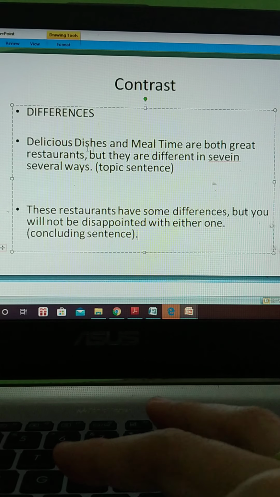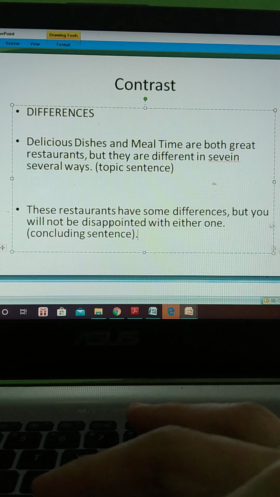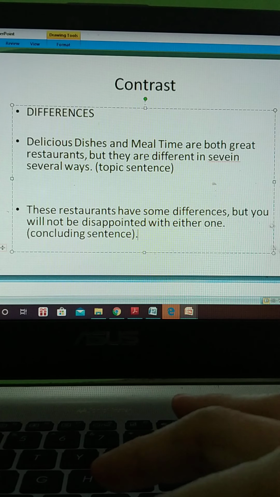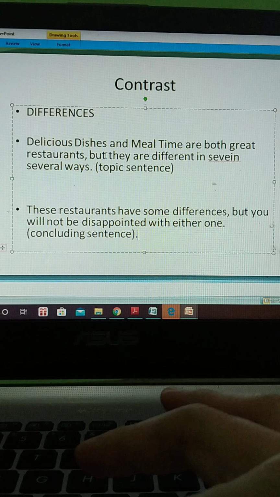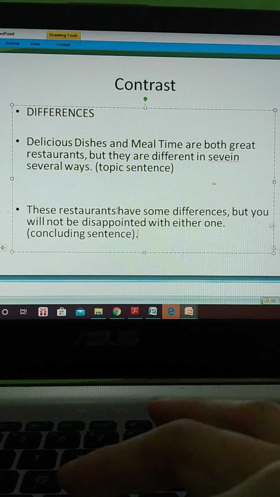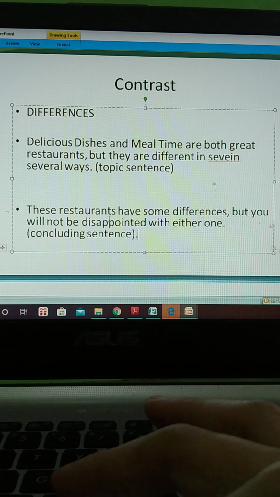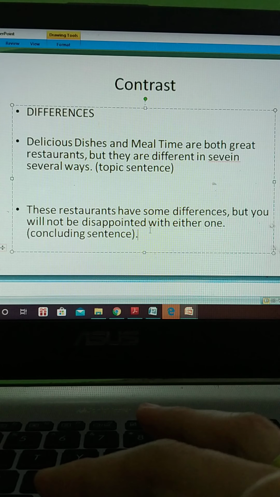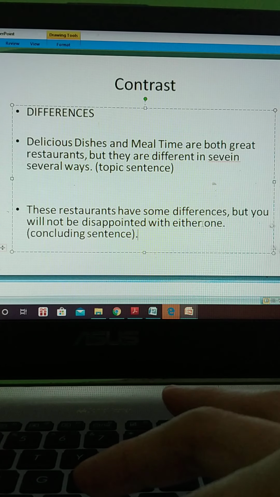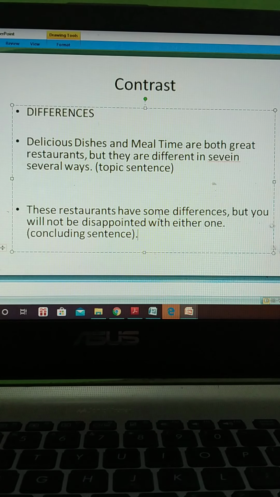If we analyze this topic sentence with the concluding sentence, it is consistent, I think, because the writer wrote about differences, and in the end he states differences again. Okay, but this time it's like a recommendation, which is an option.